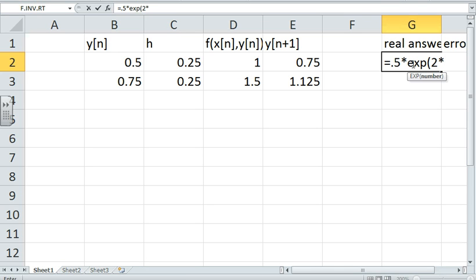What is x? x is going to be A2 times C2.